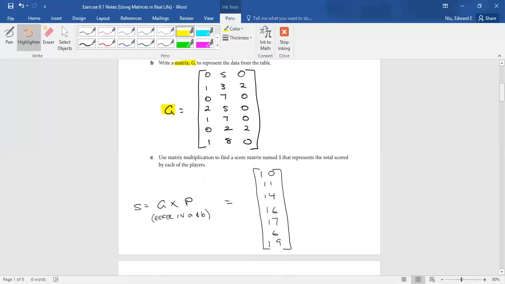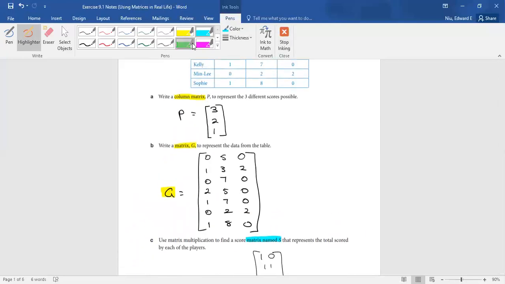Question C: use matrix multiplication to find a score matrix named S. Let's use a different color actually. So matrix named S. It's the G matrix from above times the P matrix from above.